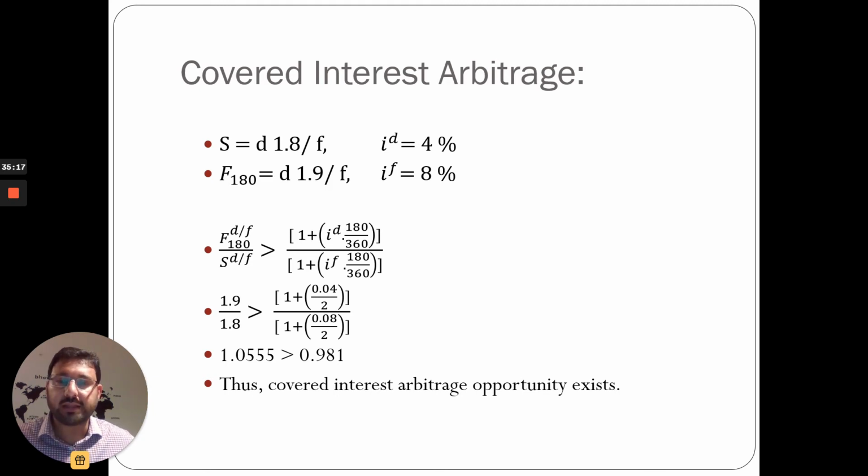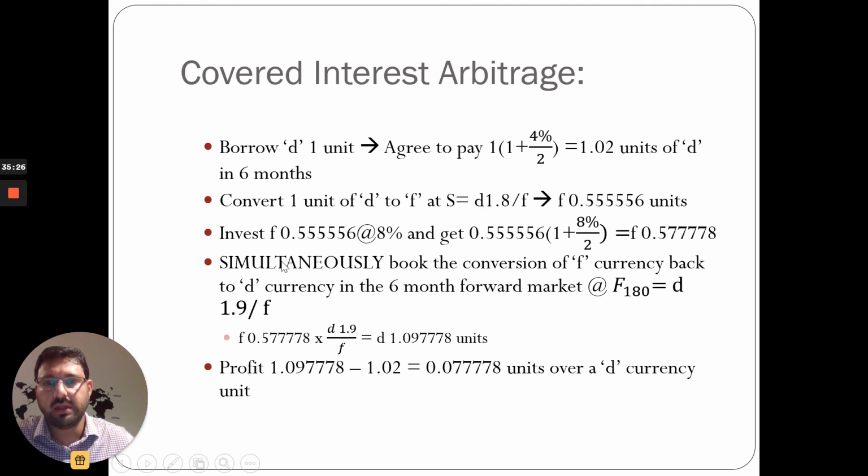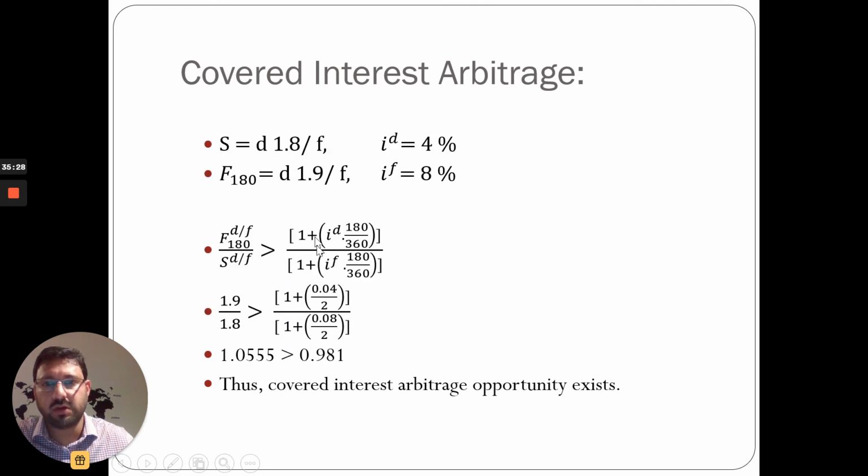So if you plug in these numbers, taking the ratio of the forward rate to the spot rate, and also the interest rates according to this formula over here, you can see that both sides are not equal. If both sides are not equal, yes, there is a covered interest arbitrage opportunity.